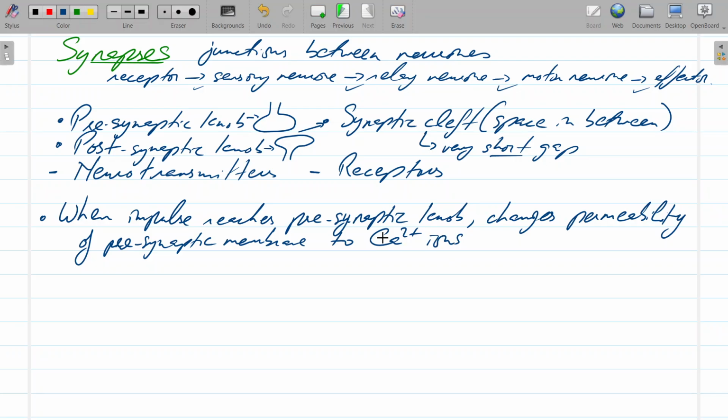I'm writing the symbol for the ion, but calcium ions. And it does that by opening up calcium ion channels. So calcium ion channels open, and calcium ions enter the fiber. They flow in.